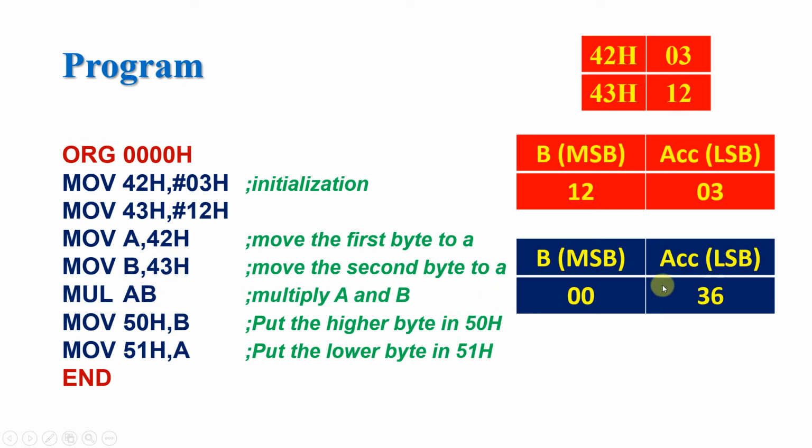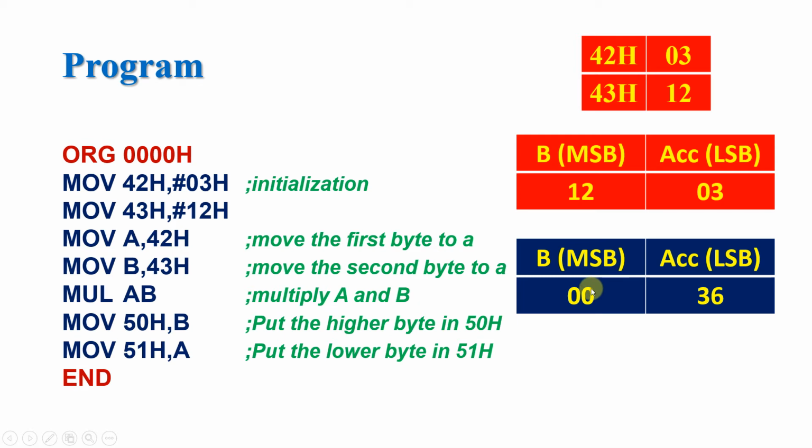So when you multiply these two numbers, then you will get a result like this, where the B register will hold the MSB, the higher order byte of the multiplication, and the A register will hold the LSB, the lower order byte of the multiplication. You can see over here that the multiplication of these two numbers is within the 8-bit value, and therefore the accumulator holds the result.